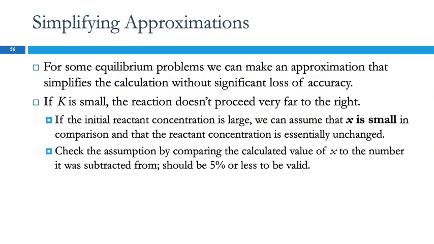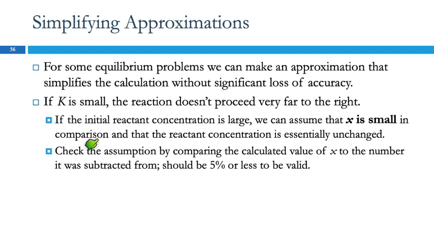So that was kind of a pain, wasn't it? Even using the solver is like, ugh. Sometimes we can make approximations that simplify things. This is going to happen actually quite a bit. So if the equilibrium constant is small, that means that the reaction doesn't proceed in the forward direction very far.